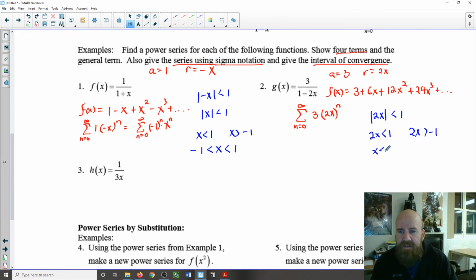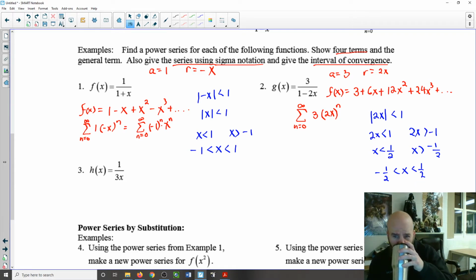X is less than 1/2 and x is greater than negative 1/2. So we can write that. Okay. So there we go. That's the interval of convergence.